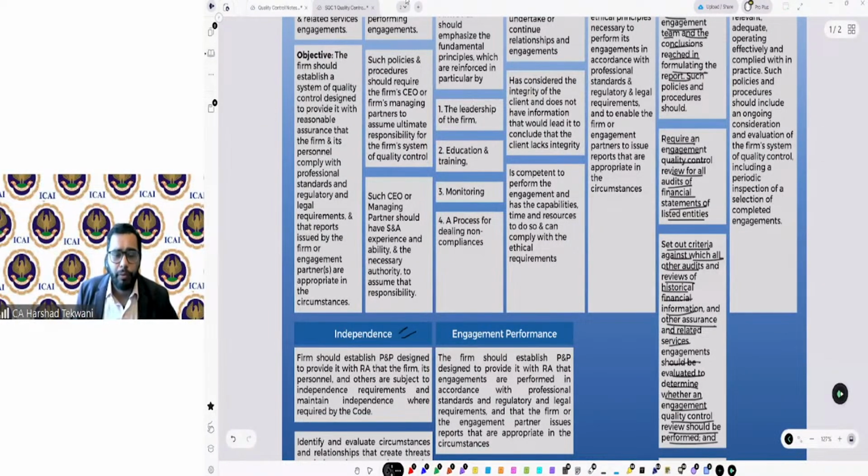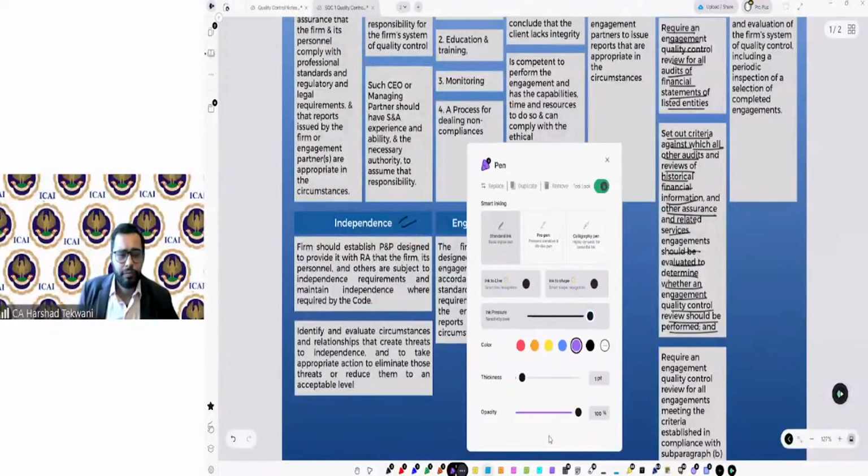So two things: one, whether an EQCR is required. It is required for the listed entity, but for the other entities, whether the EQCR is required. If yes, then the policy should set out the criteria which engagements are required to be selected for EQCR.